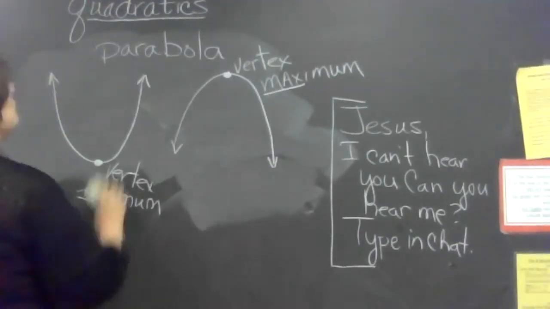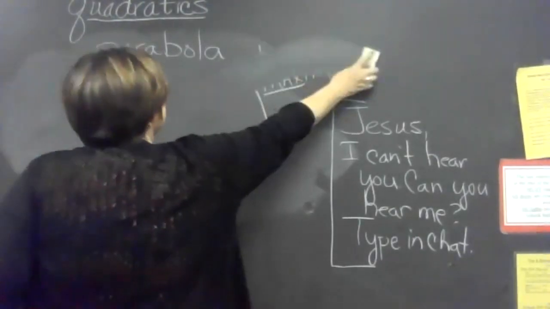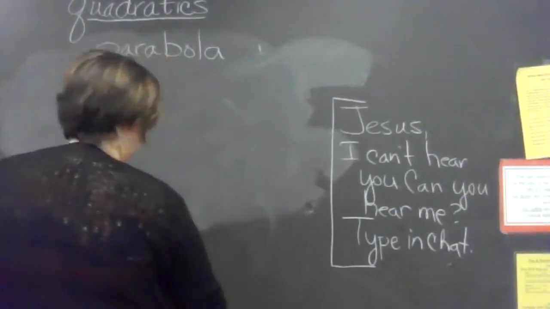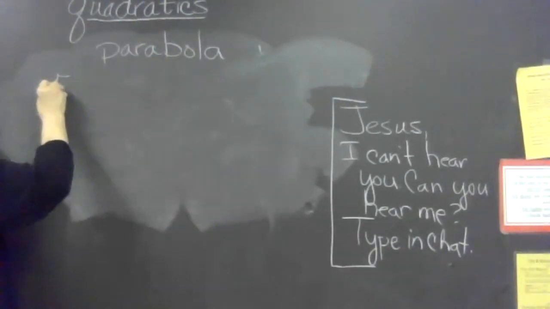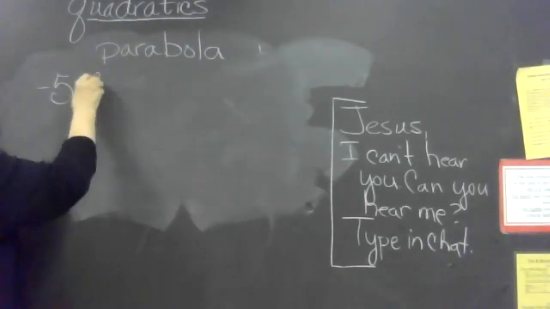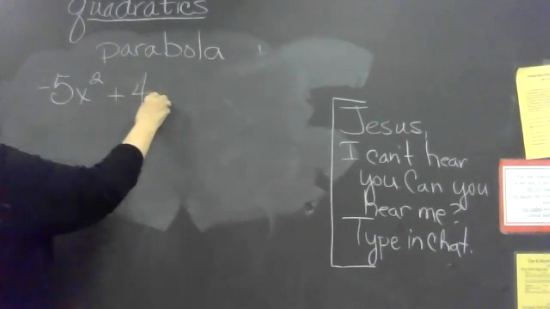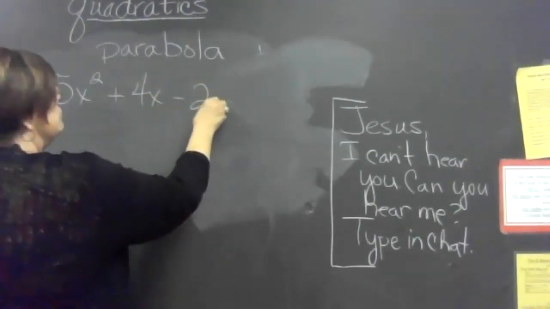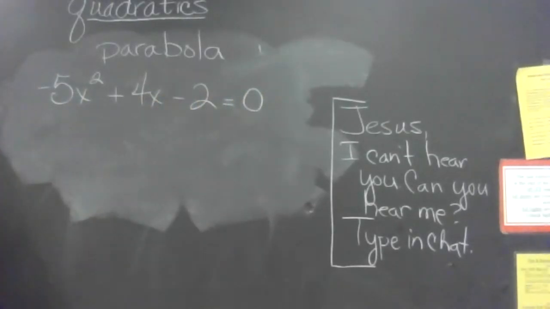And you're going to have a worksheet on how to do this today. You're going to be practicing this. So let's say you have negative 5x squared plus 4x minus 2 equals 0, okay? So let's find your ABCs.